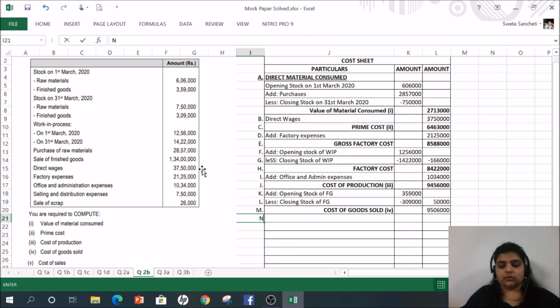Next we are going to add our selling and distribution expenses, that would be 7,50,000, and what we get is our cost of sales, that is the point number 5.